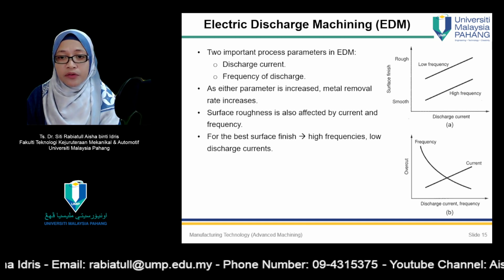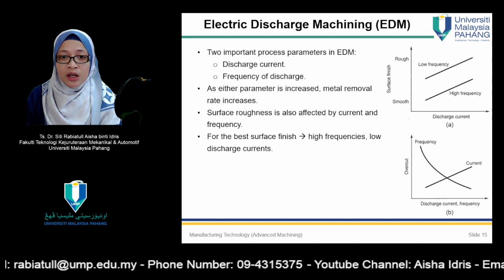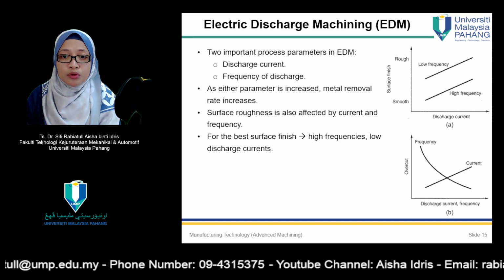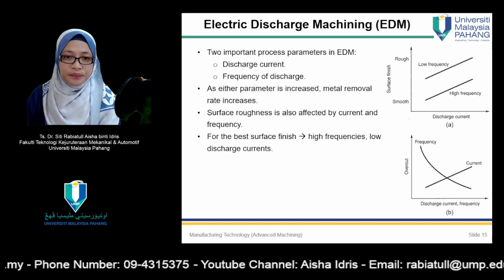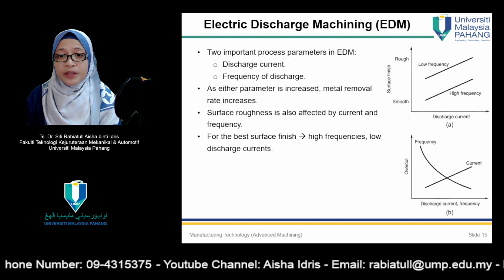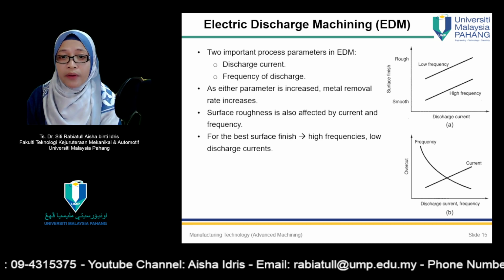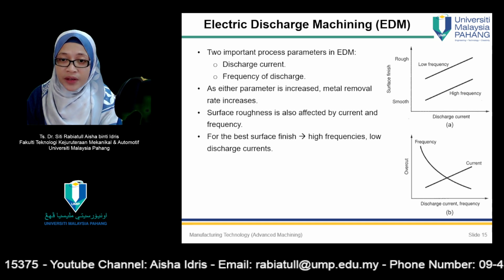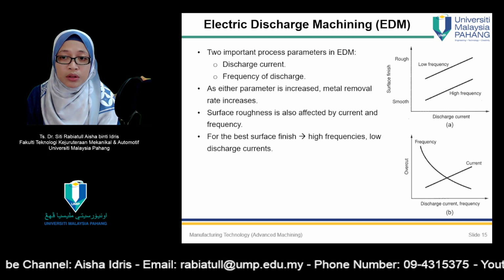Overcut is a function of current and frequency, as can be seen in figure B, and can amount to several hundredths of a millimeter. The high spark temperatures that mark the work also melt the tool, creating a small cavity in the surface opposite the cavity produced in the work.